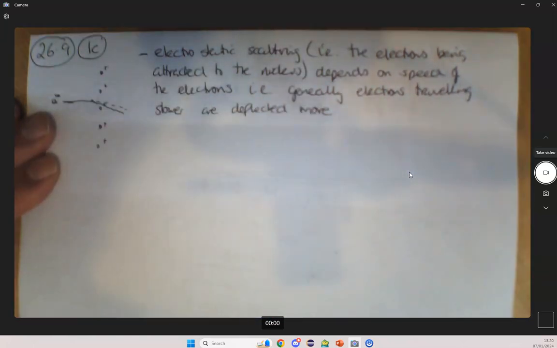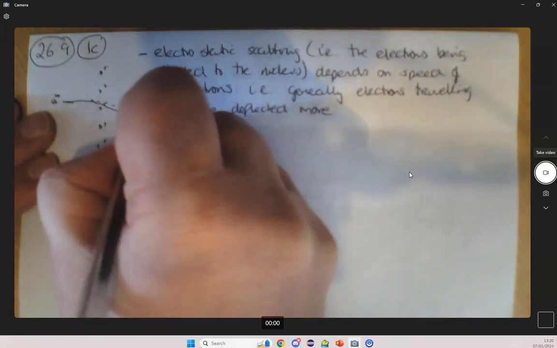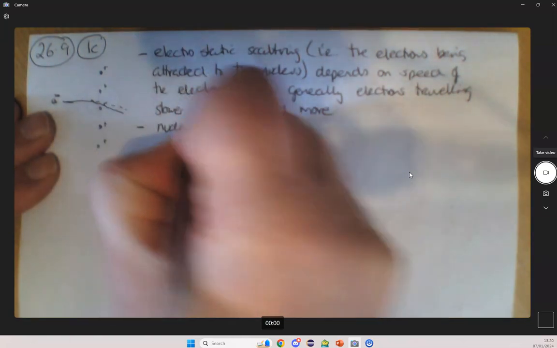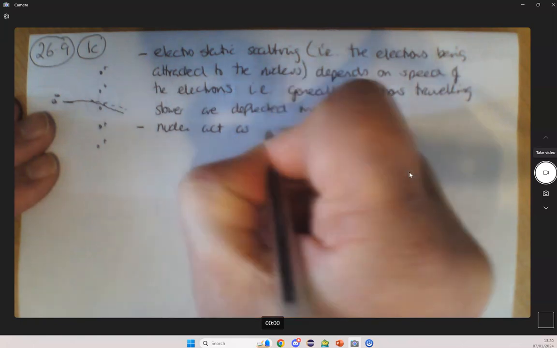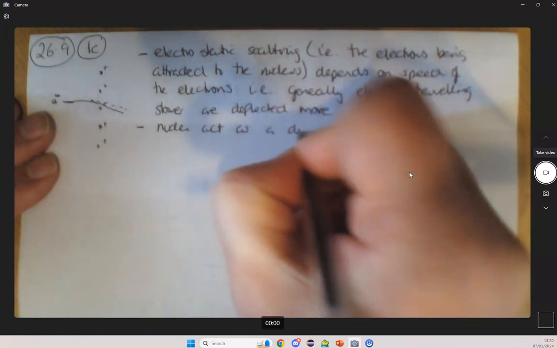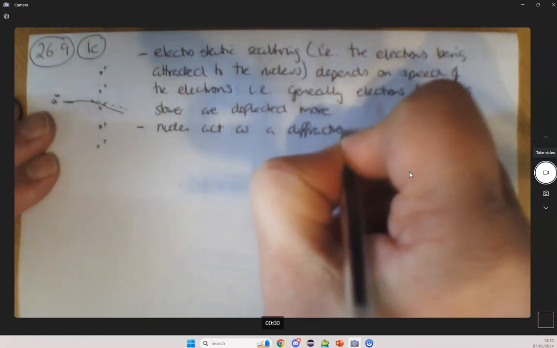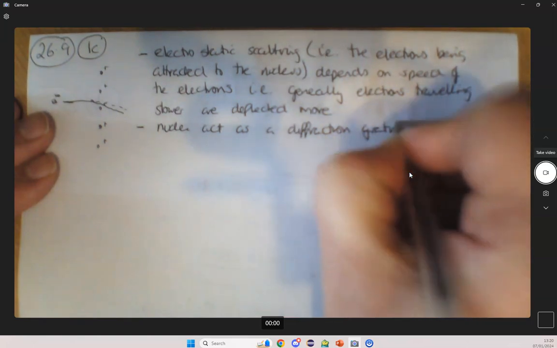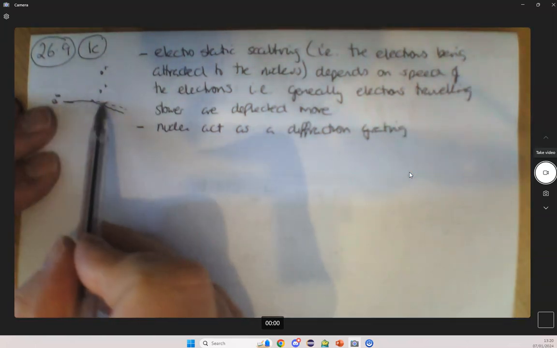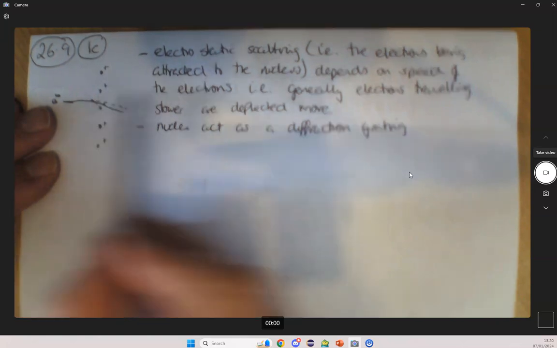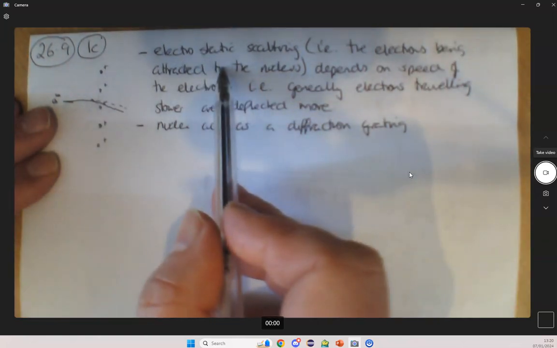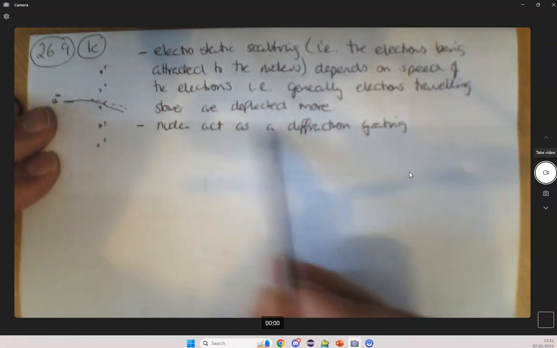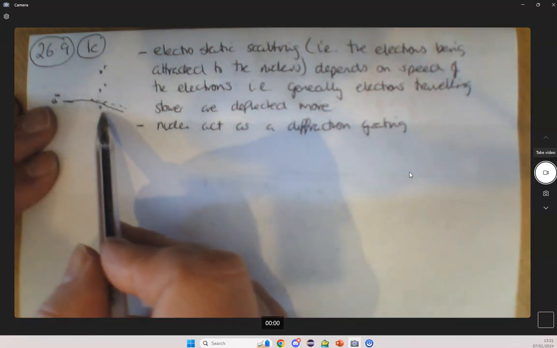Now, our second bit is that these nuclei act as a diffraction grating. In the first case, we were considering the particle features of the electron, the electrostatic scattering. In this case, we're going to be considering the wave features of that electron.